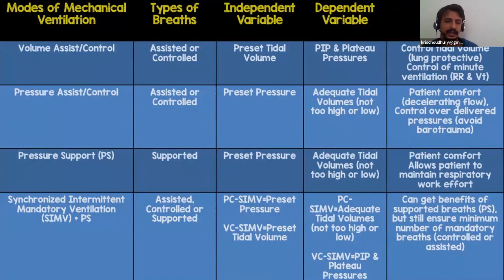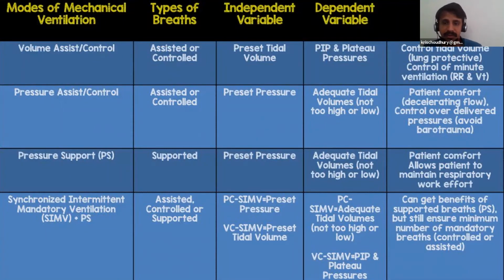It lets the patient breathe and gives mandatory breaths as decided by the doctor. A doctor can say, I would give 5 mandatory breaths in a minute through the ventilator, and the other breaths will be taken by the patient itself. This mode monitors all the breathing characteristics of the patient and synchronizes the breath given by the ventilator.